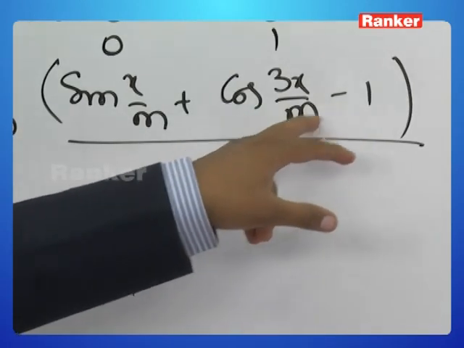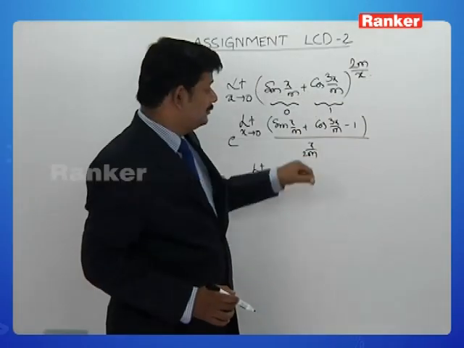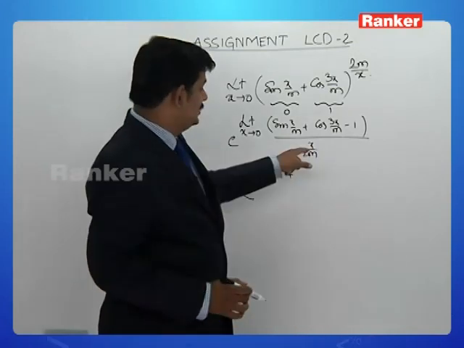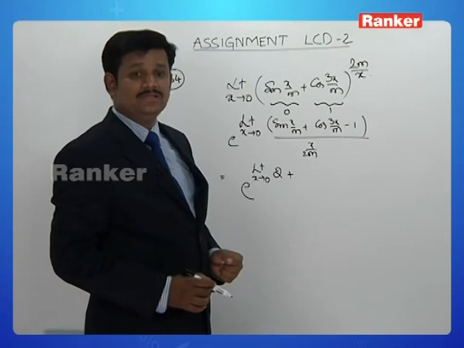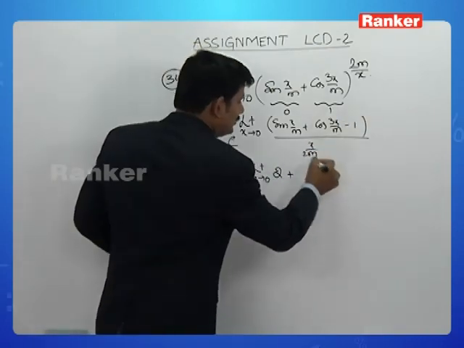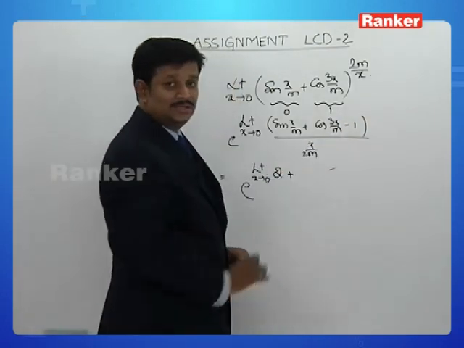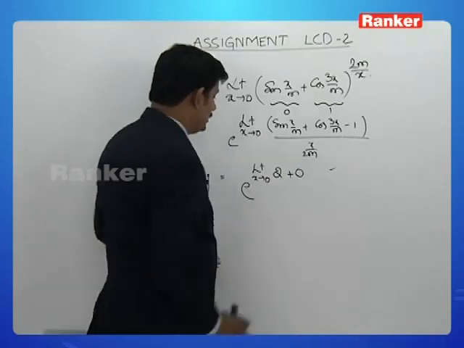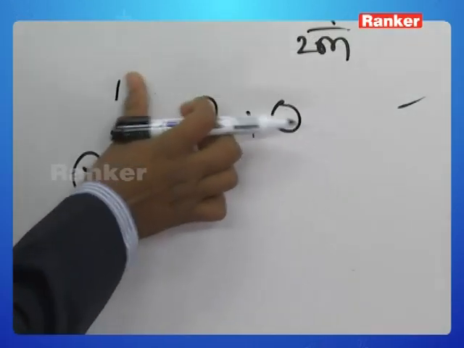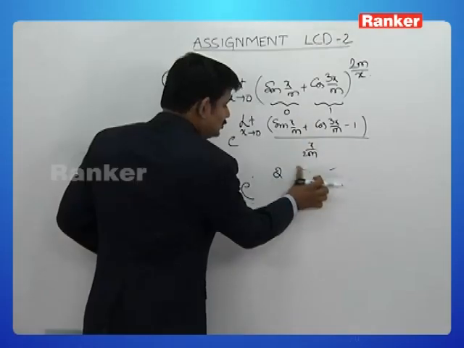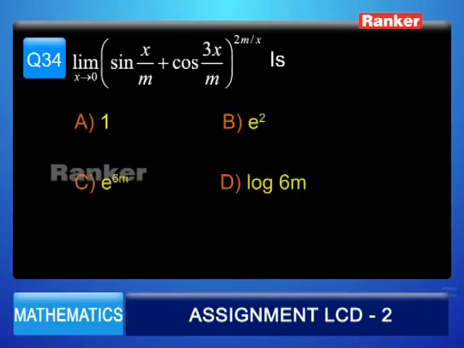This is in the form cos theta minus 1 divided by theta square, which is half. So cos theta minus 1 divided by theta will always tend to 0. So this part of the limit will tend to 0. So we can write this limit as e power 2 plus 0, which is e square. So the answer for this question would be e square, which is option B.